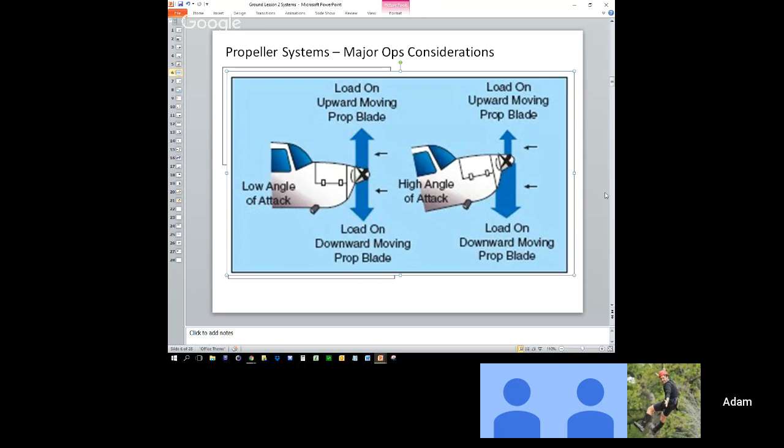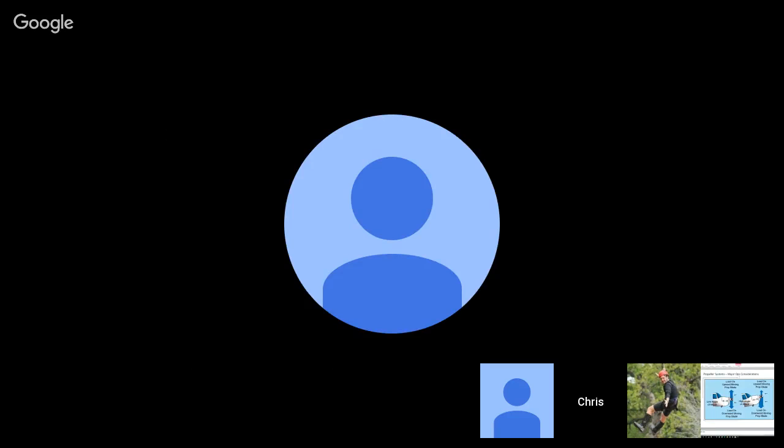As the aircraft climbs, the load on the upward propeller blade is less than the load on the downward propeller blade. And that causes the downward propeller blade to create more lift, call it, and it wants to turn the aircraft to the left.